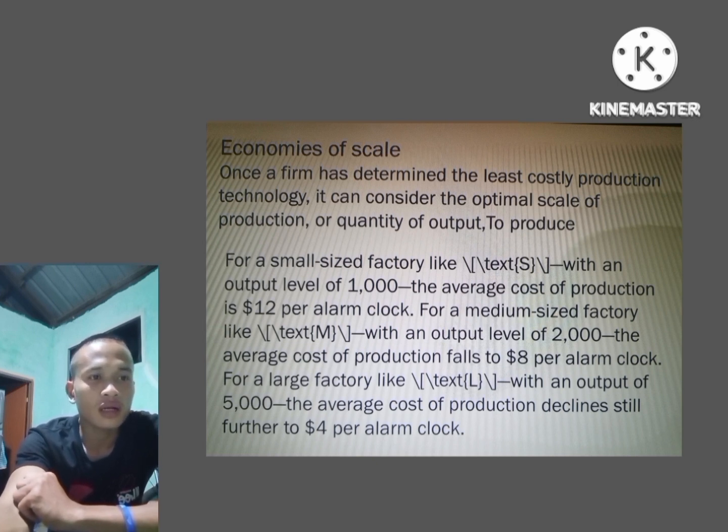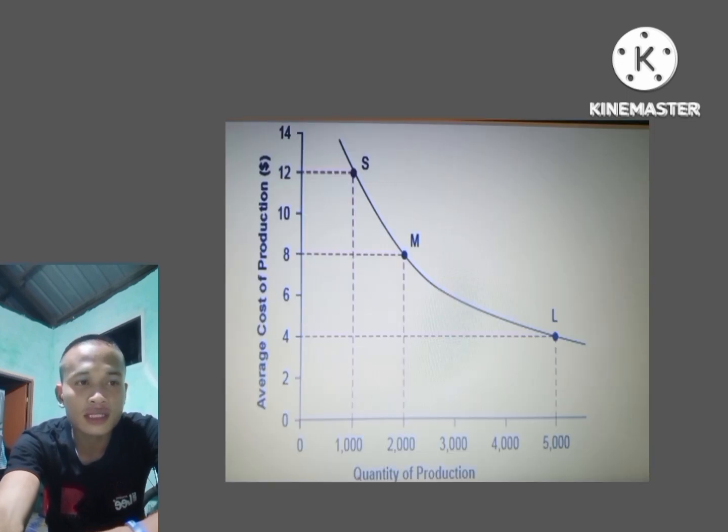For a large factory with an output of 5,000, the average cost of production declines still further to $4 per alarm clock.